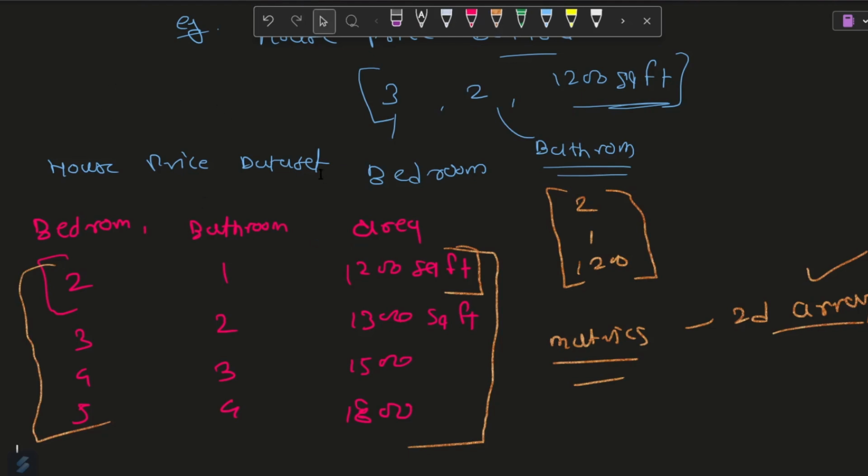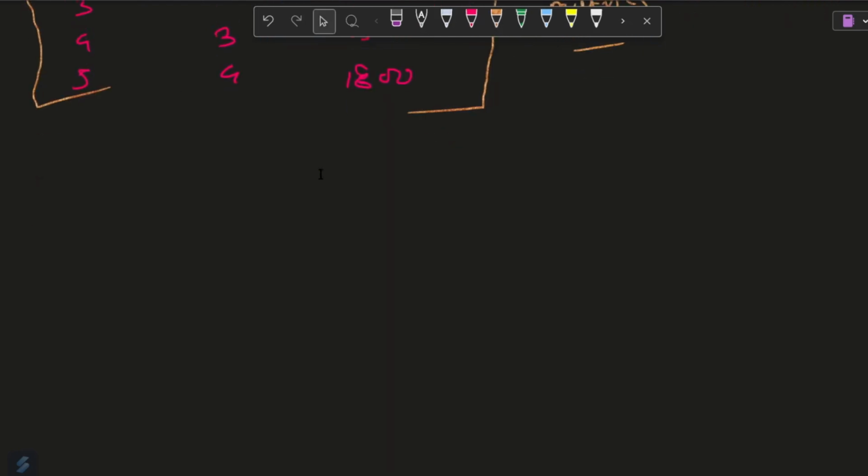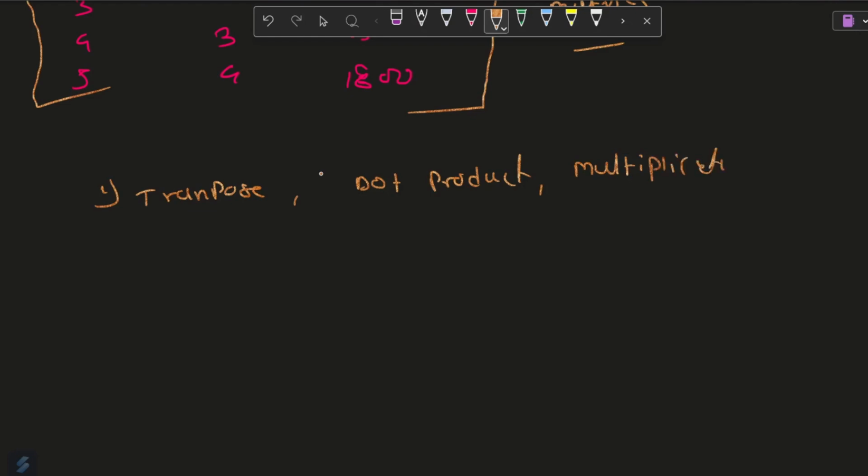This is a simple concept of linear algebra: matrix and all these things. Then there are transpose, dot product, and multiplication. These operations we will learn in the next courses.